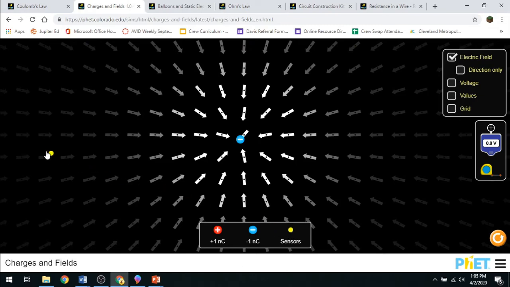If I use a little sensor here, way out here there's nothing happening. But as I get closer to the charge, there's an arrow. That arrow represents the force affecting the charge, and how strong the field is. So if I get closer, the field gets stronger.